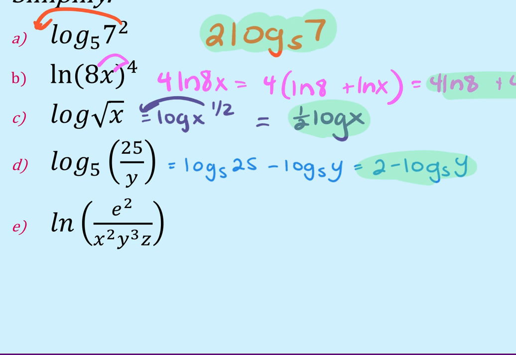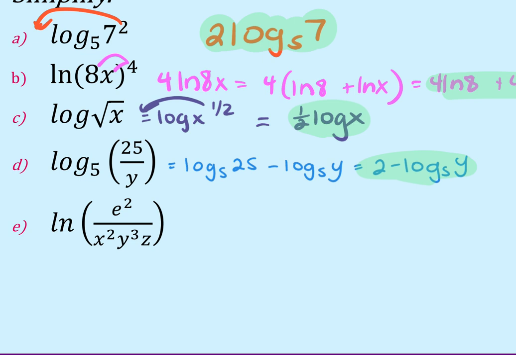Okay, then it gets super tricky, and this is the most common mistake made every single year. So if you are not listening to me, wake up, open the ears, and listen. If there is more than one term in your numerator, then when you separate it, they both get a plus because it is multiplication.